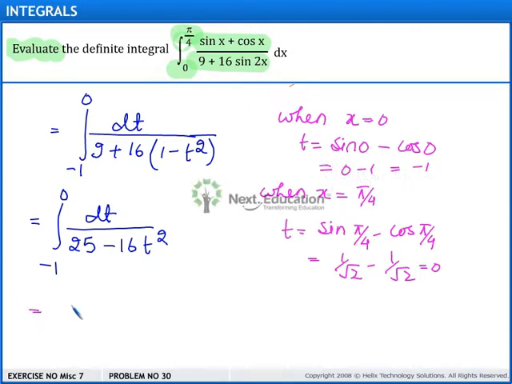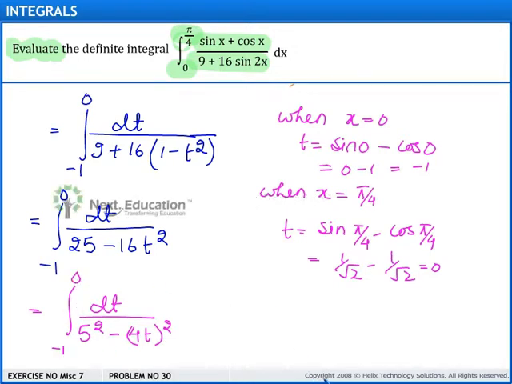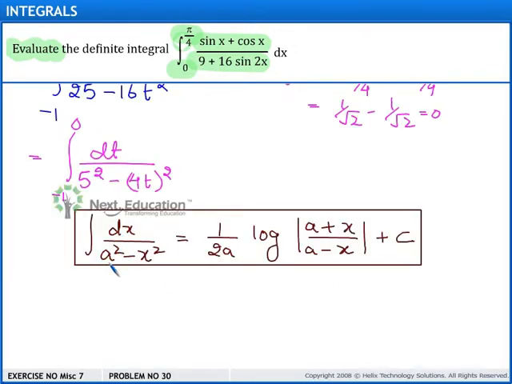This is further equal to the integral of dt divided by 5 square minus (4t) whole square from minus 1 to 0. Now we know that the integral of dx upon a square minus x square is equal to 1 upon 2a log mod of (a + x) divided by (a - x) plus c, where c is the constant.